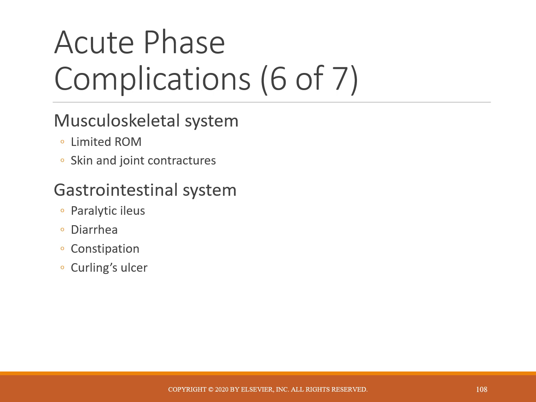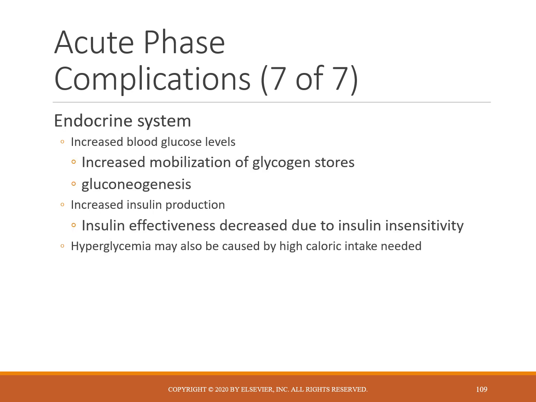And you might be wondering, what is this Curling's ulcer? So Curling's ulcer is a stress-induced ulcer of the stomach or duodenum that occurs in relation to extreme physical stress, like with burn injury. So that can happen too.